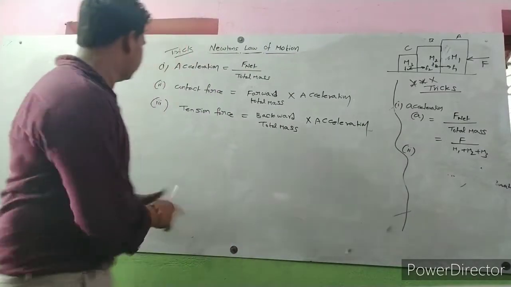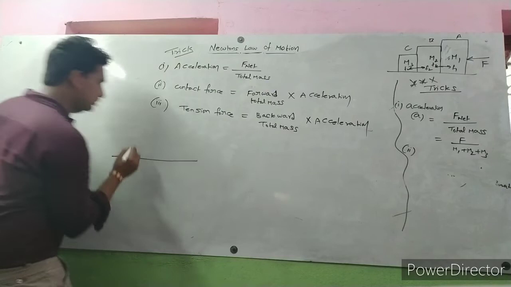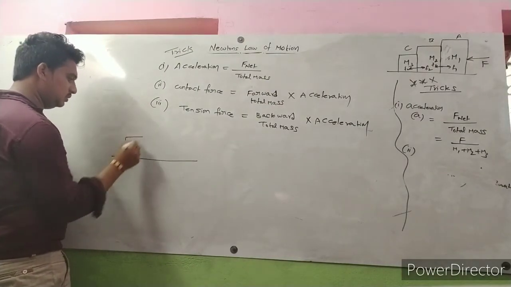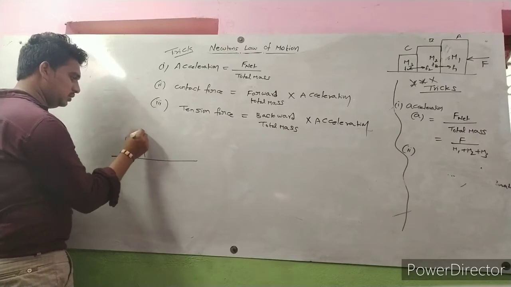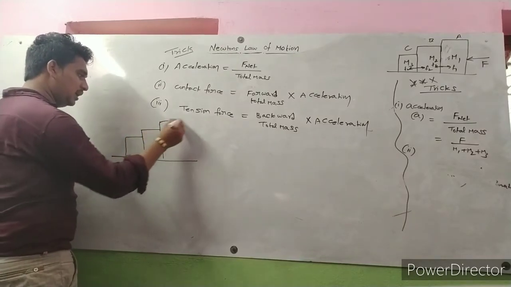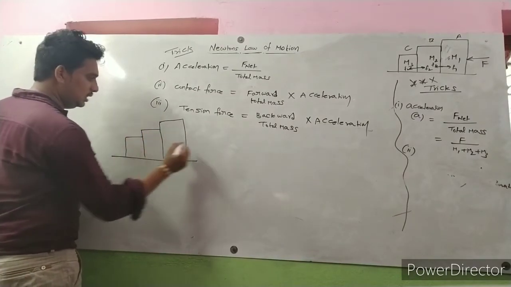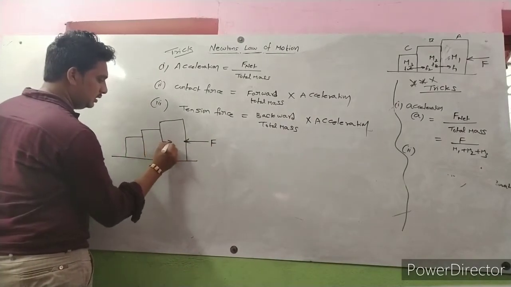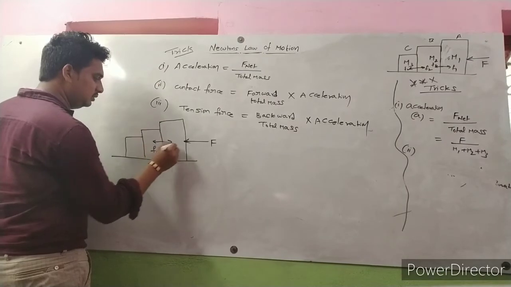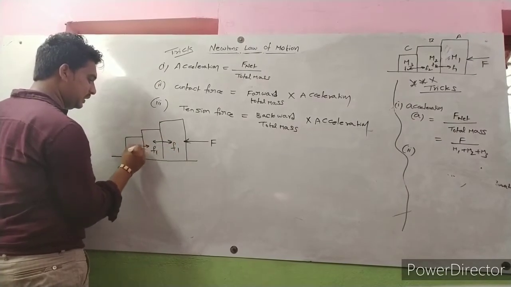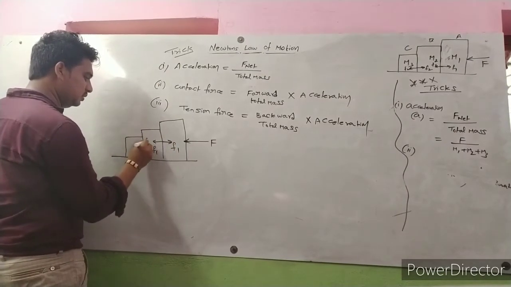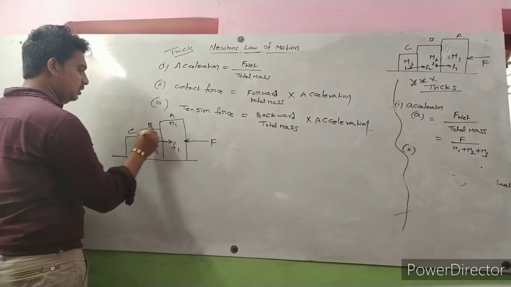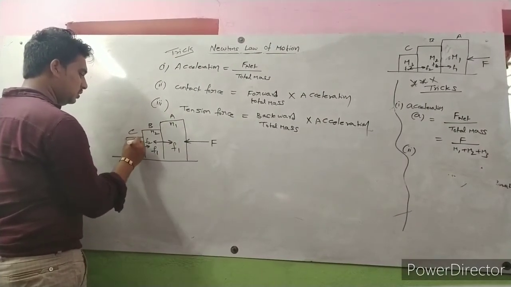For this question, observe carefully. Already we got the answers. Please calculate this. This is F1, and this I consider as F2. Blocks A, B, C with masses M1, M2, M3.